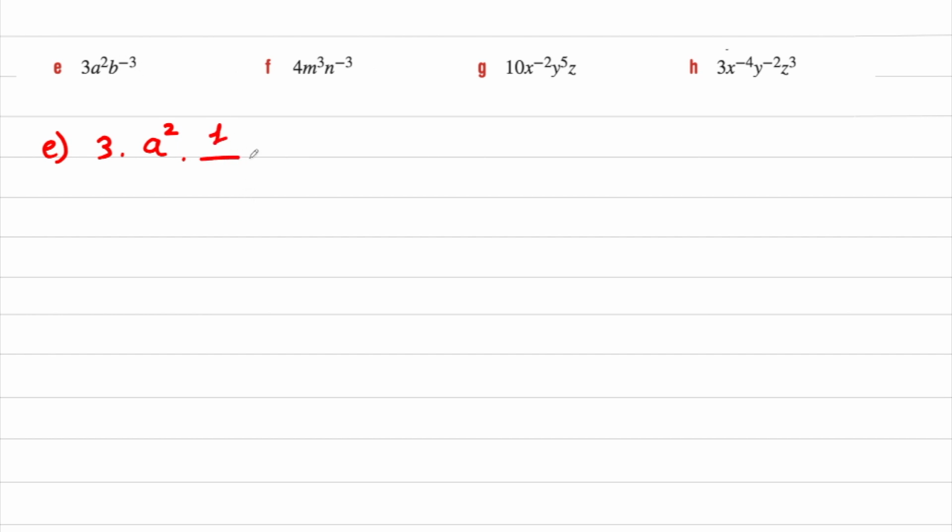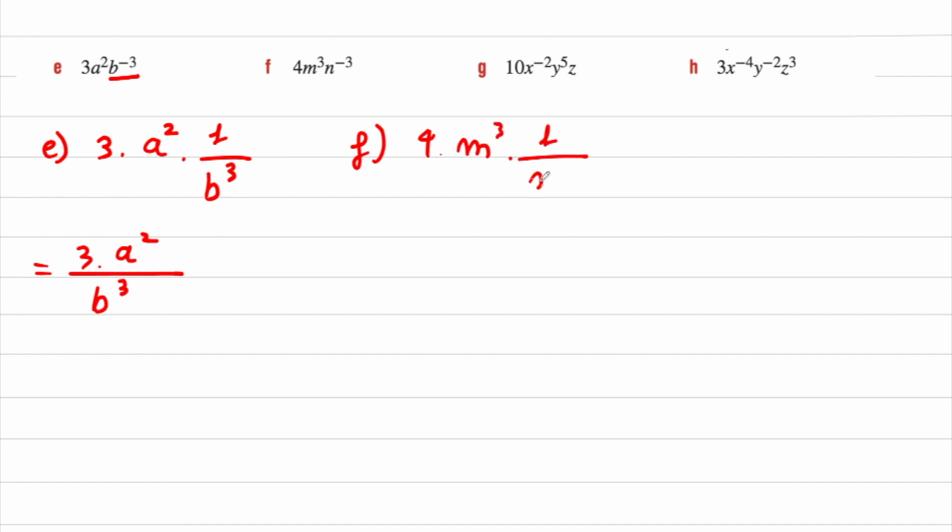So I will change this to b cubed here. I change only this term and then simplify it, rewriting this in fractional form. b cubed will be here. Question F, 4 keep it unchanged, m cubed is normal, but for the last one you have n to the power of 3. 4 times m cubed and n cubed like here.